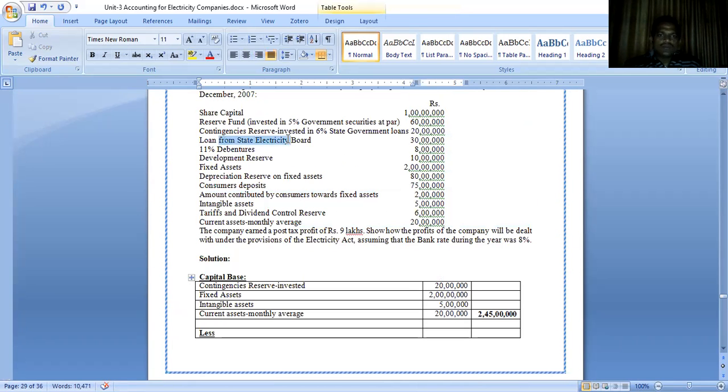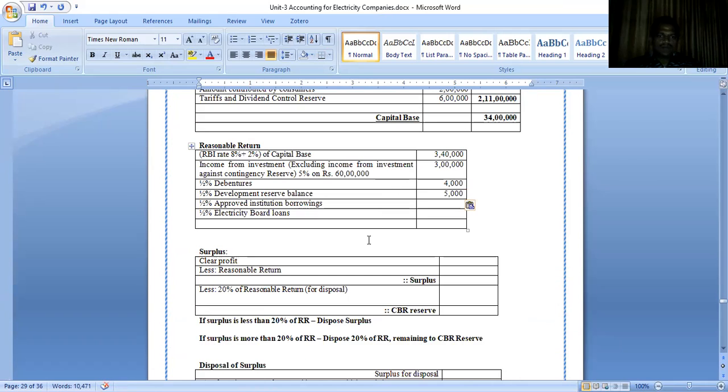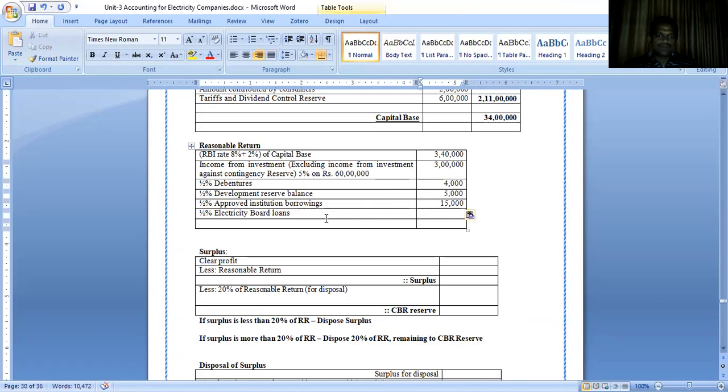So loan from state electricity board we have on that 0.5 percentage. This comes around 15,000. So the total will be 6 lakhs 64,000.